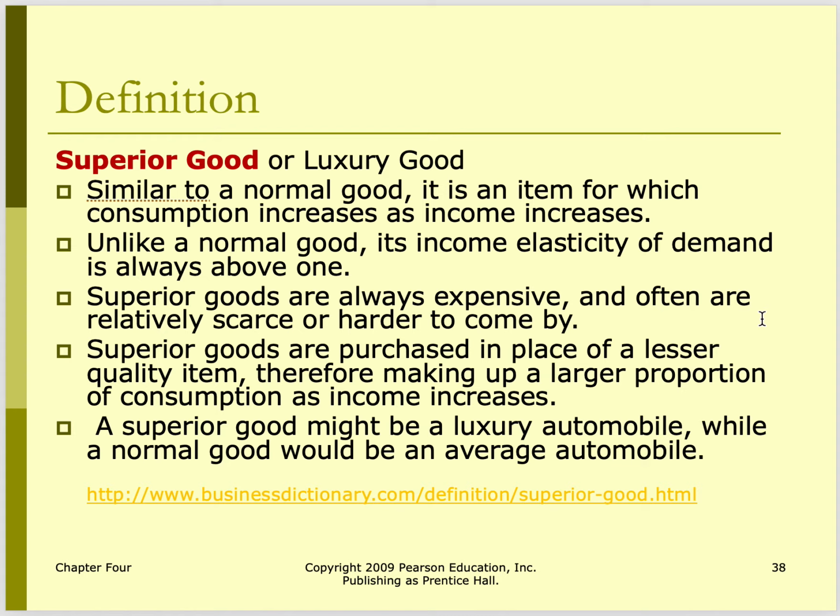So superior goods are always expensive and relatively scarce or harder to come by. They're purchased in place of a lesser quality item, therefore making a larger proportion of consumption as income increases. It might be a luxury automobile, while a normal good could be an average automobile. So think luxury goods when you think of superior.